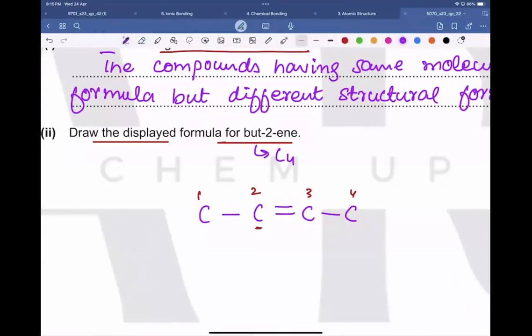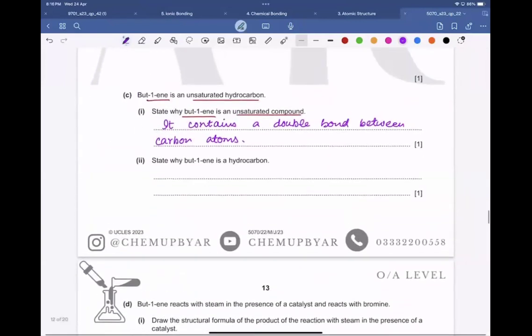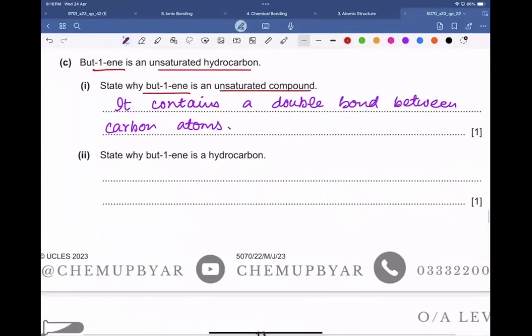Now is it clear? So the carbons which are now around the double bond have 3 bonds, so they are going to bond with 1 hydrogen. And the carbons which are on the terminal have only 1 bond, so they are going to bond with 3 hydrogens, this one and this one. Now I hope it's understandable to all of you. Okay. Now state why but-1-ene is a hydrocarbon.